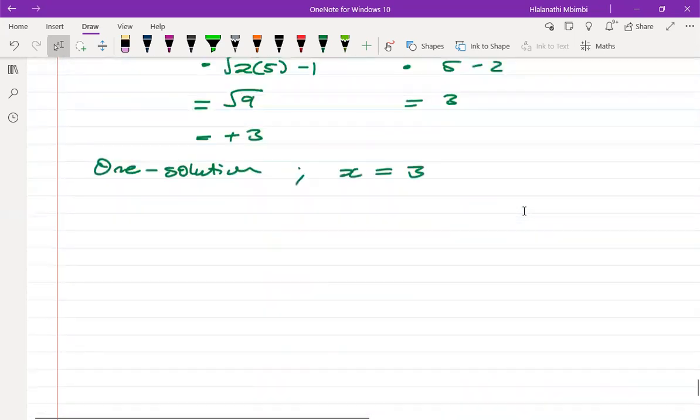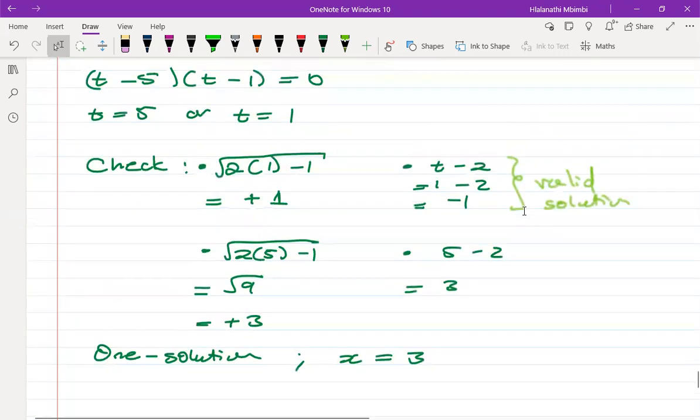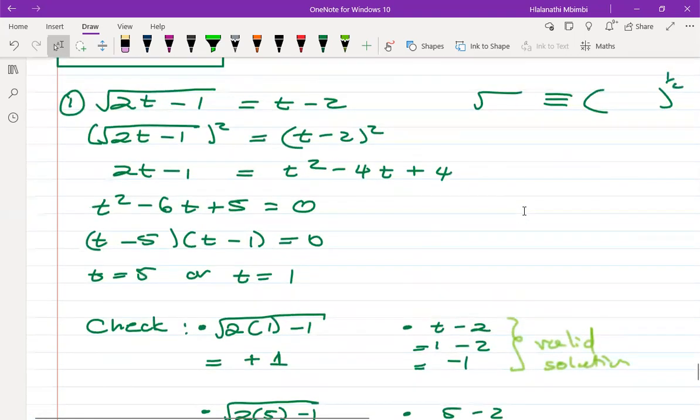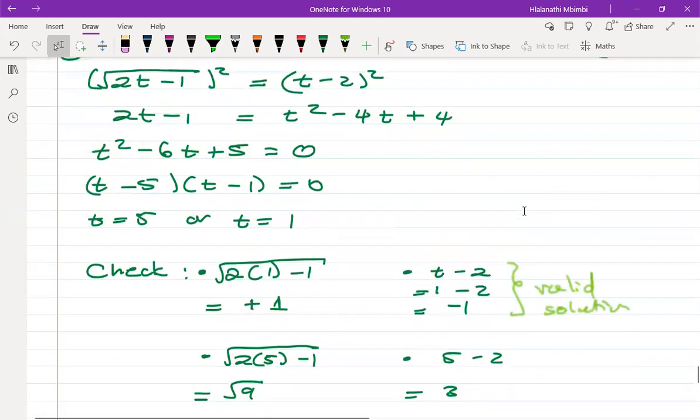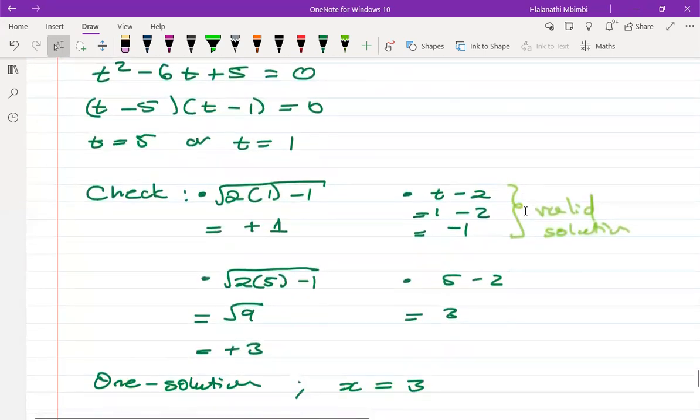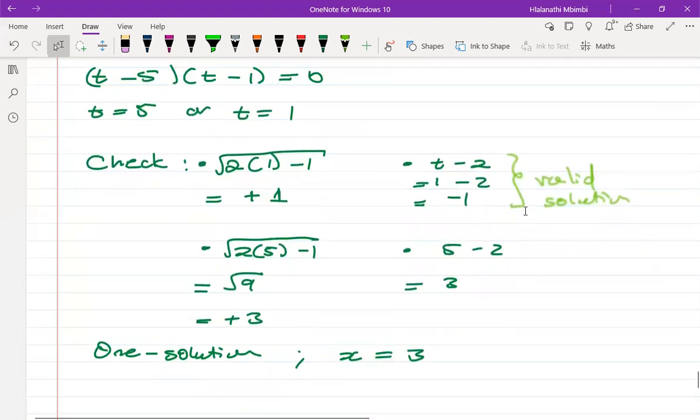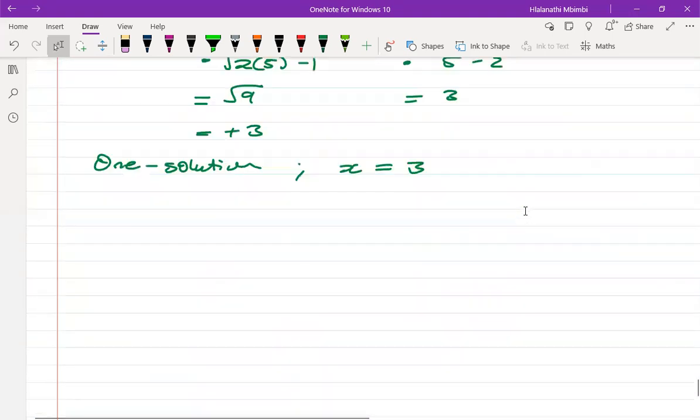I was going to make 2 examples, but I don't think anything is going to change. You could have a situation whereby both solutions are valid, or a situation whereby none of the solutions are valid. After all, it's a quadratic. If that quadratic doesn't have a solution, then you wouldn't necessarily have solutions.